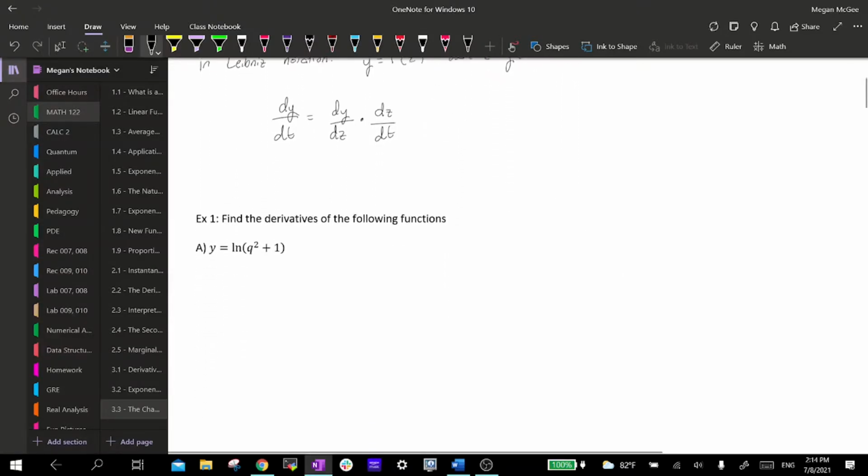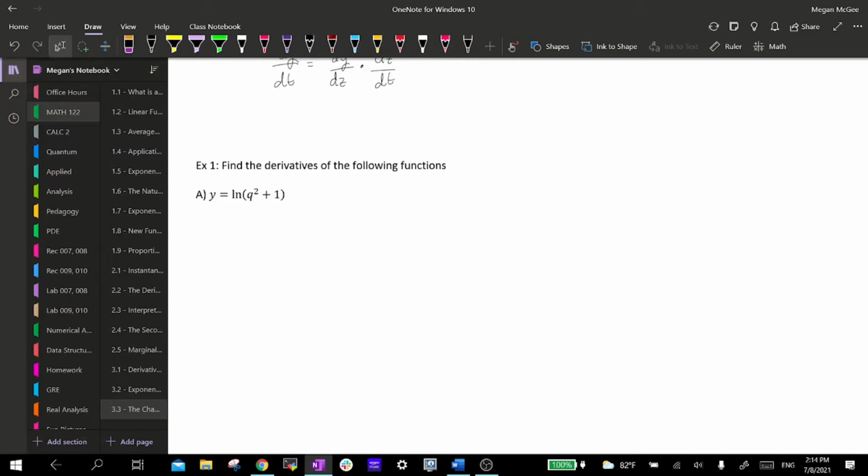Alright, so a gives us y is equal to the natural log of q squared plus 1. Alright, so let's go ahead and write down a few things that we know. What do we know about natural logs?